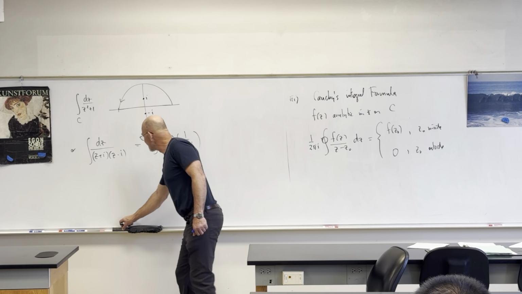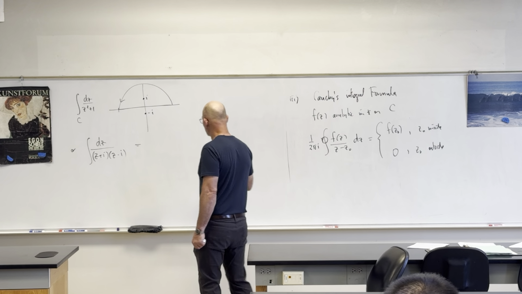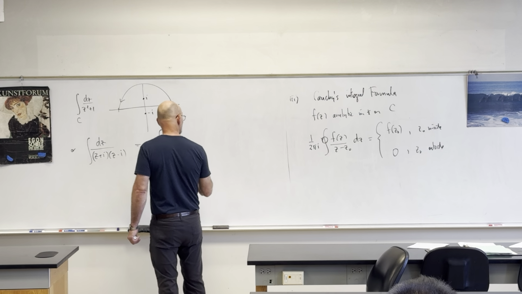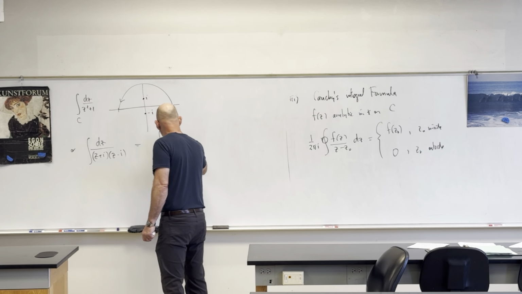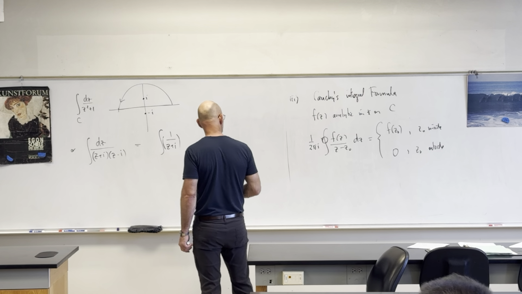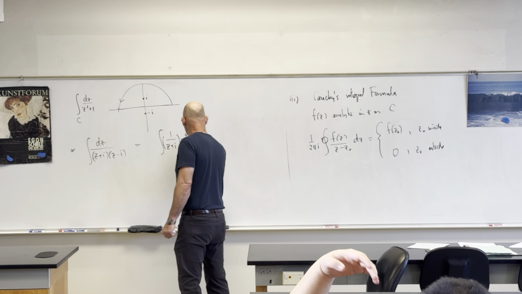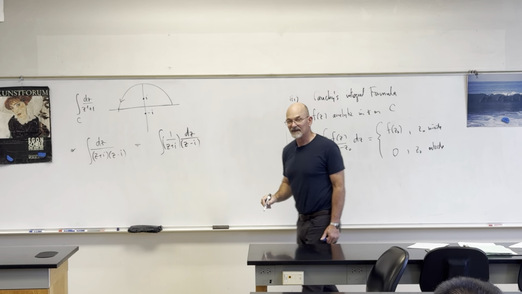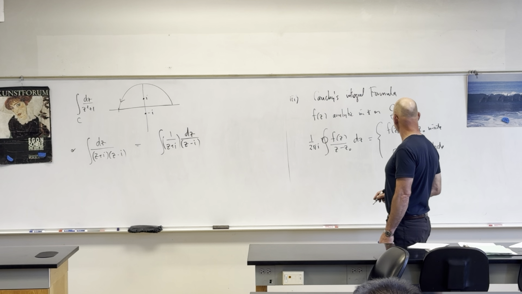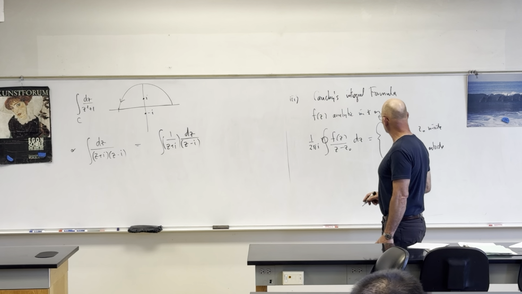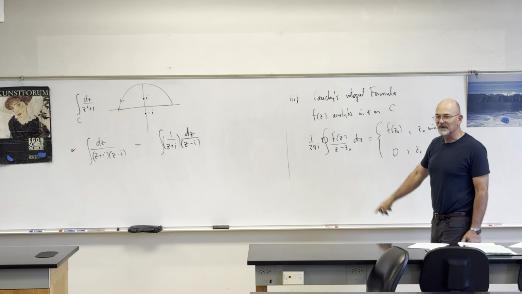Let me write it so that it looks exactly like this formula over here. So I would have 1 over z plus i, that's the way it looks. And apparently, that's going to be 2 pi i f of z sub 0.